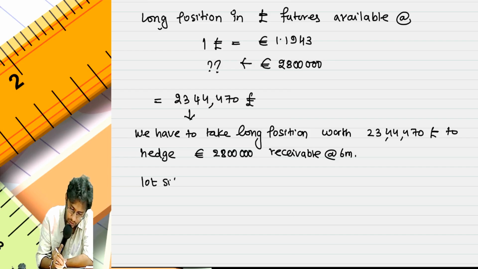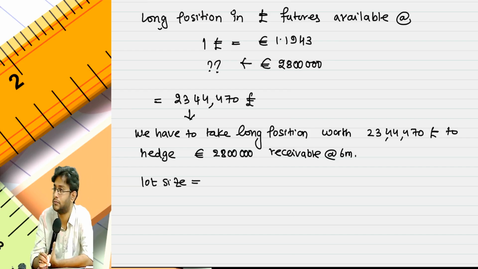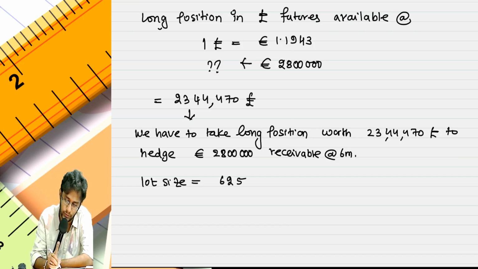Now write what is your lot size. 62,500. What is that? Pound.